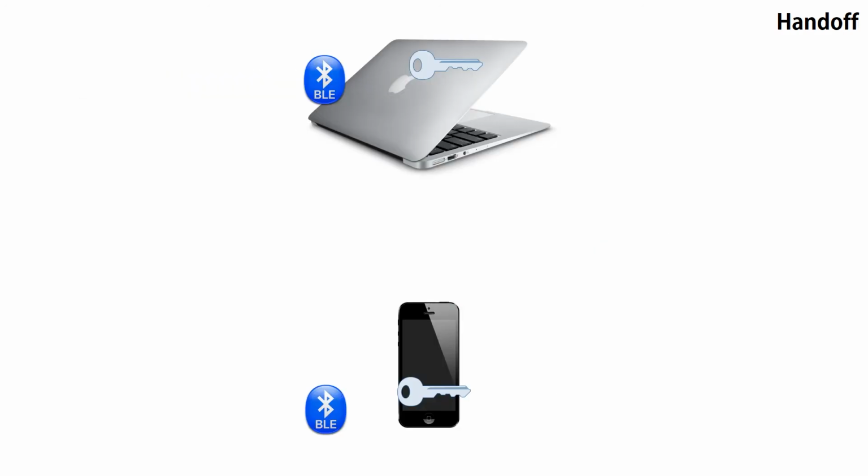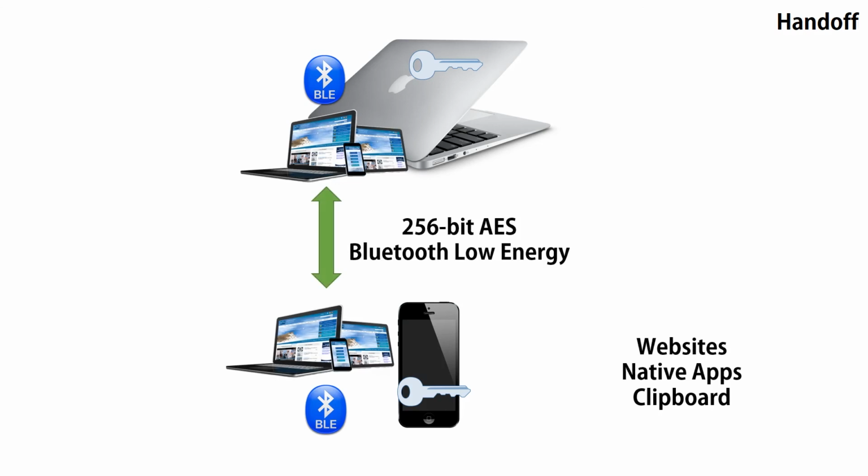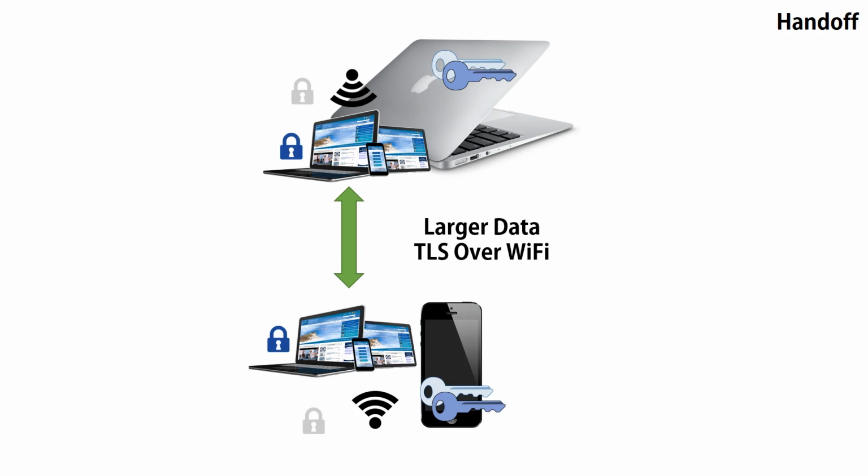So if the two devices are talking and you're sharing websites, apps, data on the clipboard, that goes through the Bluetooth Low Energy with its own layer of encryption. If you're transferring larger files, however, they go through TLS over Wi-Fi.